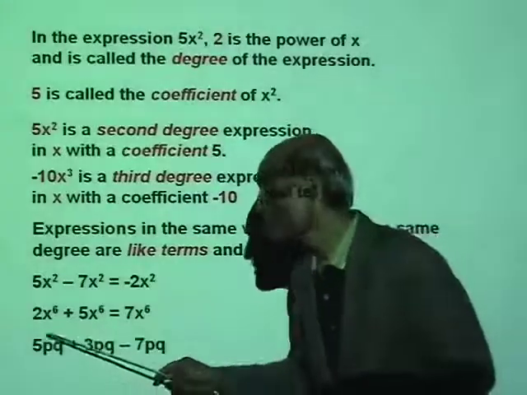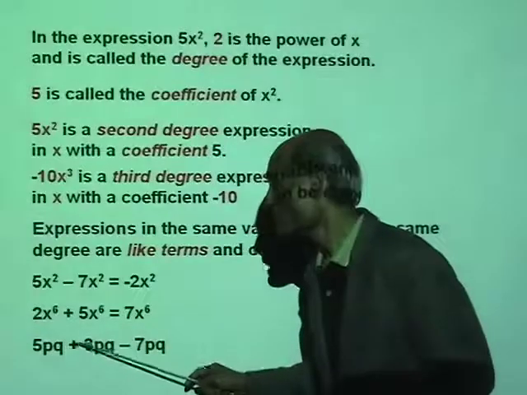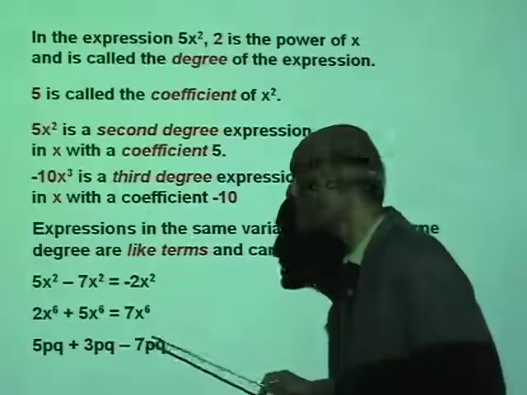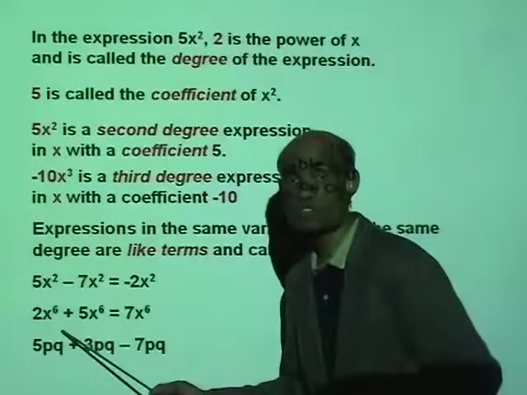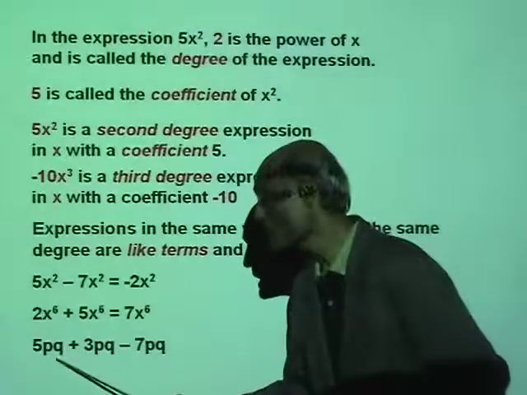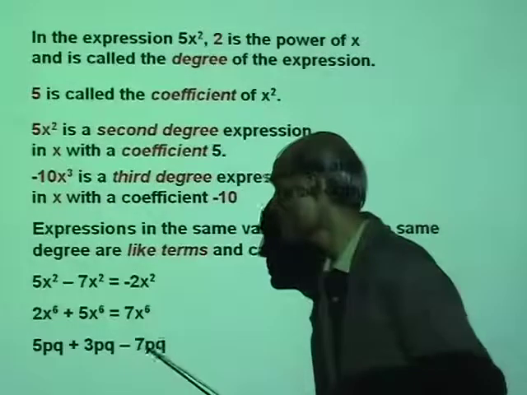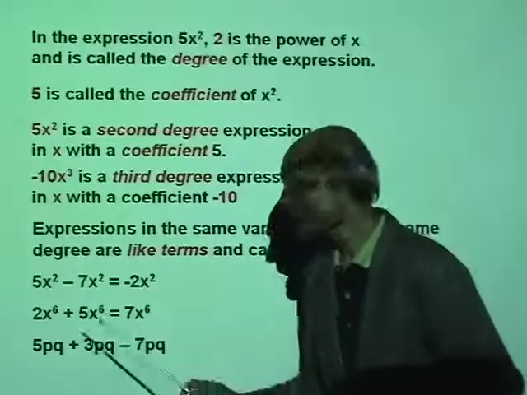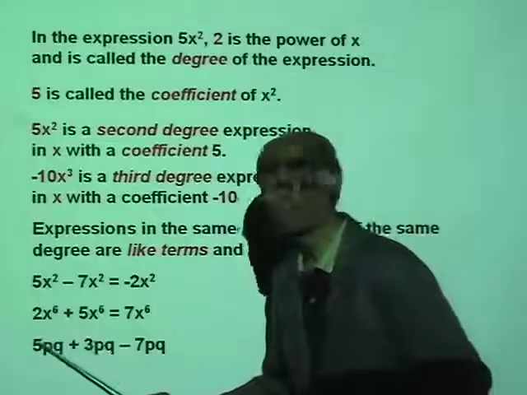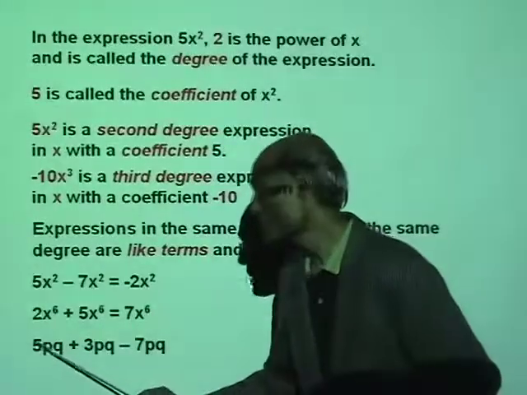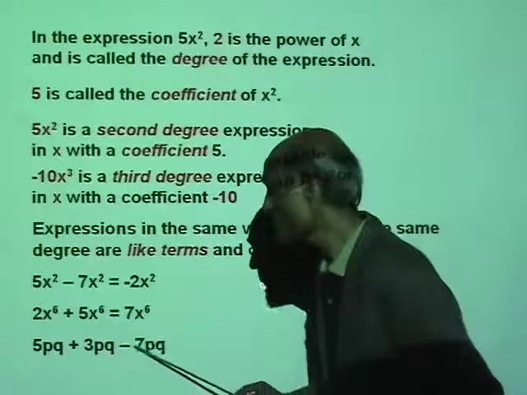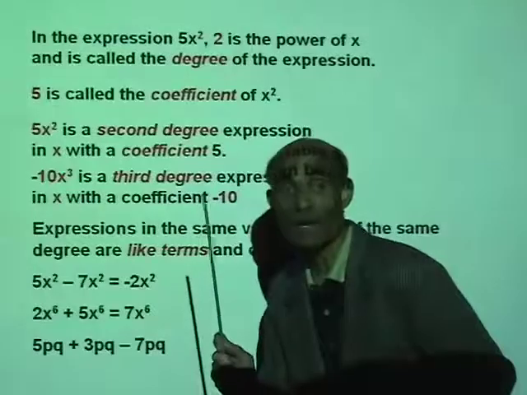Similarly, 5pq plus 3pq minus 7pq. Look at that. You have the same variables, pq, pq, pq. They are all like terms. You can add them. What do you do? Simply add their coefficients. 5 plus 3 is 8. 8 minus 7 is 1.